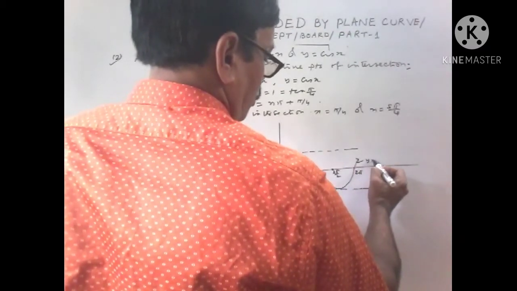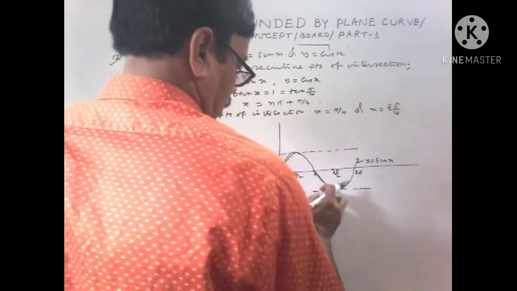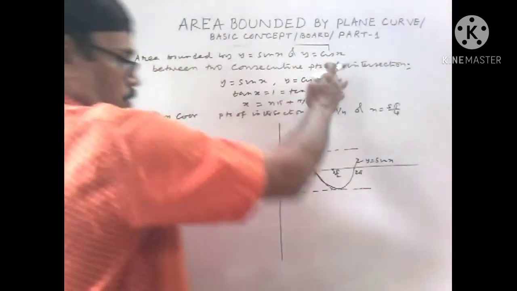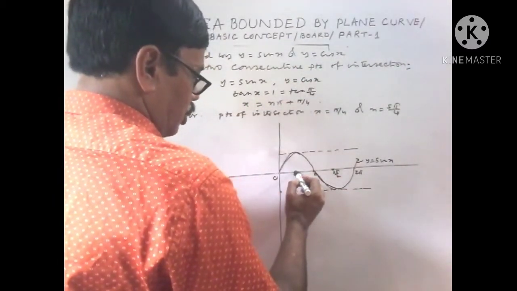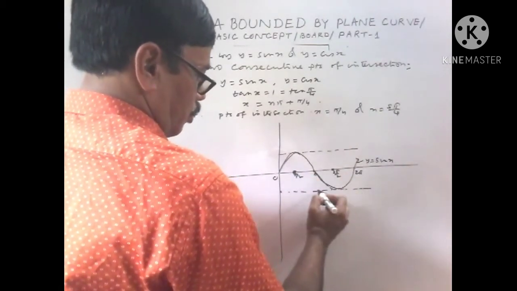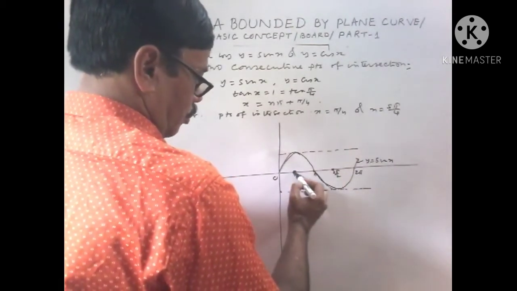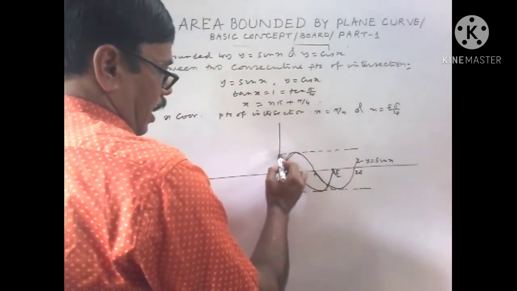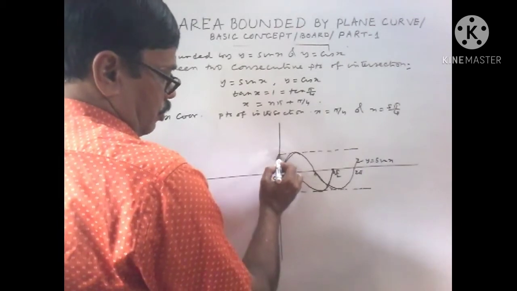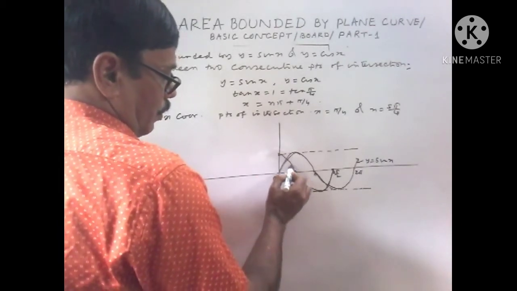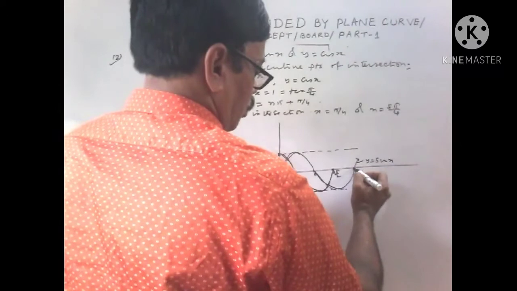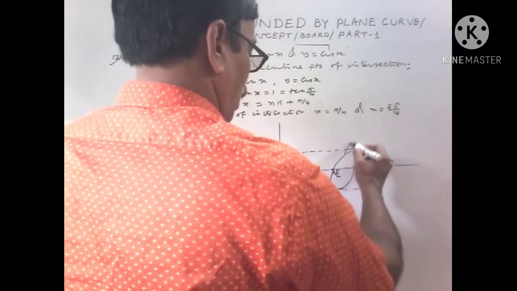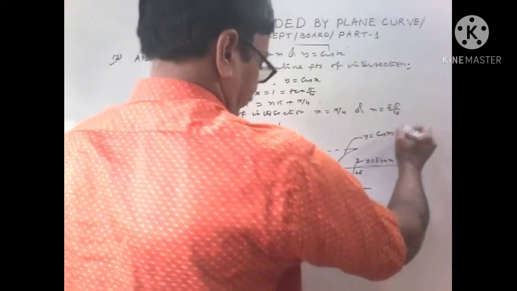This is y equals sin x. And for the cos curve, cos pi by 2 is 0, cos 3 pi by 2 is 0, cos pi is minus 1, and at 0 it is 1. At 2 pi it is also 1. So this is y equals cos x.